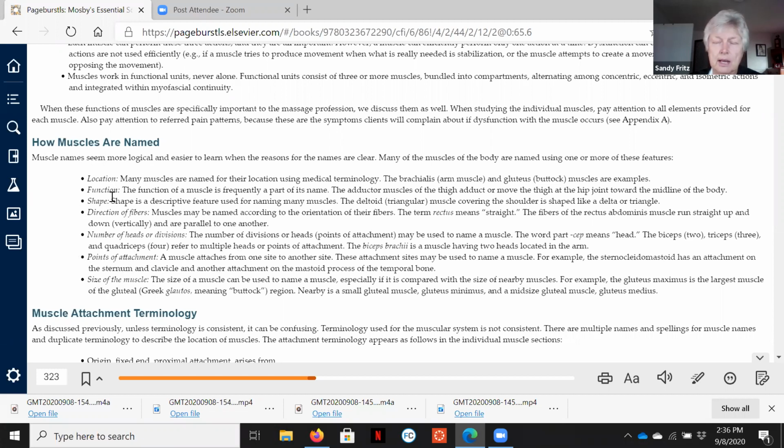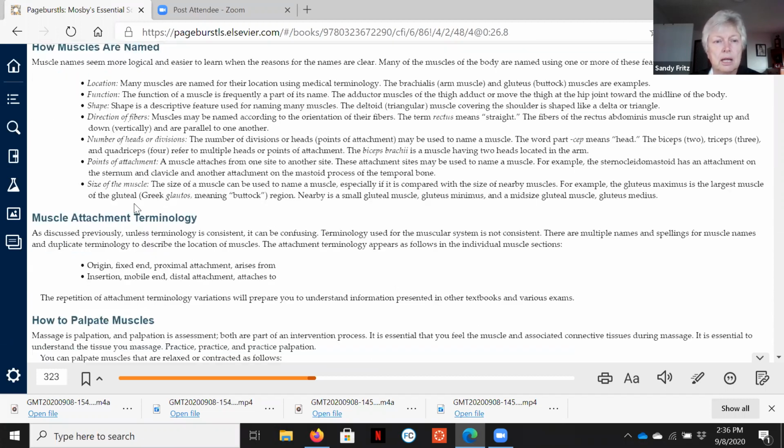This is how muscles get named, and it's a medical terminology process. And then there is the whole conundrum around attachment terminology, and that was previously discussed.